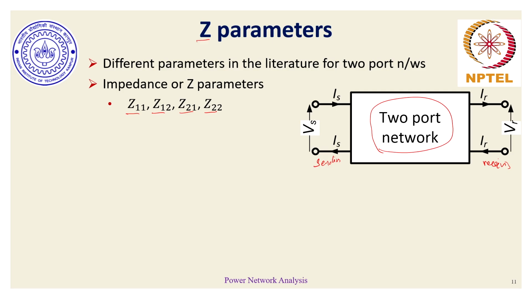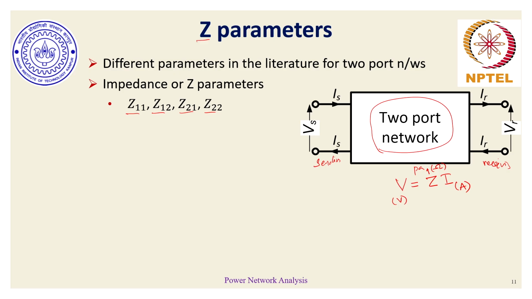These would indicate an equation of the form V is equal to Z into I, where Z are the Z parameters, V is voltage, the parameters are in ohms, and I is in terms of currents. And we have four such Z parameters.